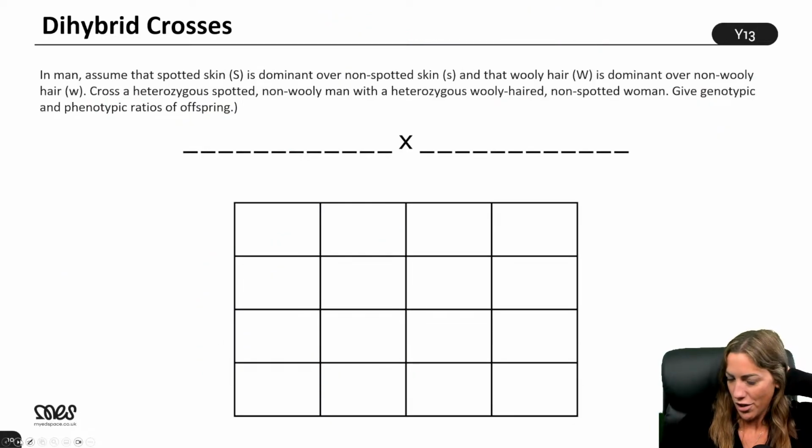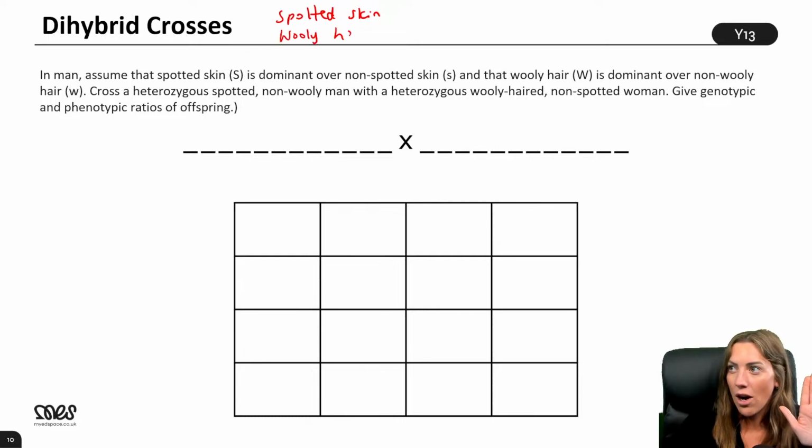Right, this is a bit of a harder one because I've not given you the parental genotypes. You have to work them out from the question. So we're looking at 2 genes. We're looking at spotted skin, that's one of the genes, and we're also looking at woolly hair.